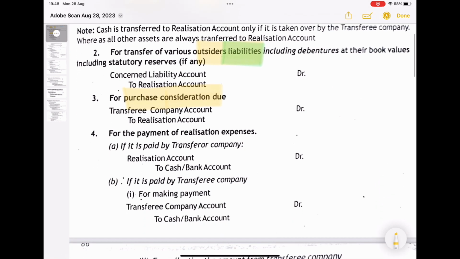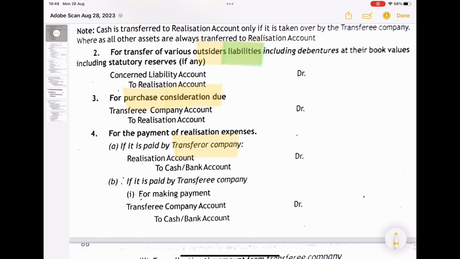So whatever consideration we have, that much we are going to pass in the books of accounts. Okay, so fourth entry, for payment of realization expenses. At the time of realization procedure, there will be certain legal expenditures, which we are going to pay. If it is paid by transferor company, the entry will be realization account debit to cash or bank account.